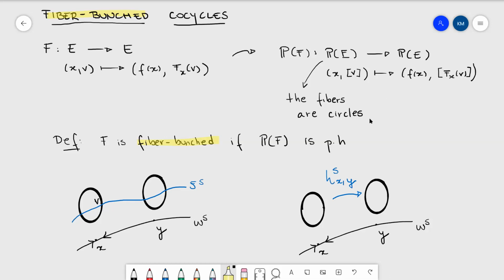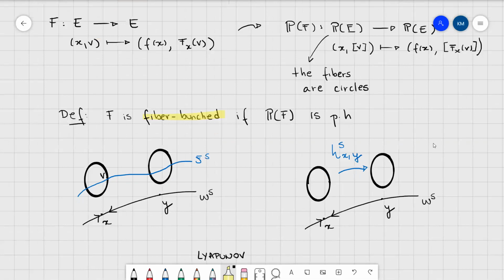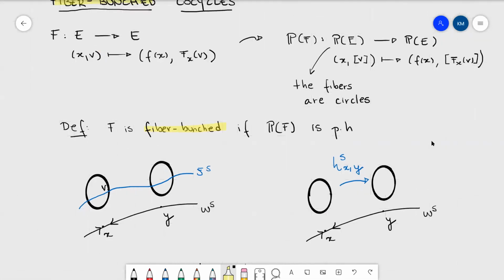So I don't know what happens in the fibers, but as before in the definition of partial hyperbolicity, I'm asking for the contraction and expansion in the base to be stronger. And why is this important? This is important because it allows us to define stable and unstable manifolds for this new map. So here I have a picture. This is a stable manifold in the base.